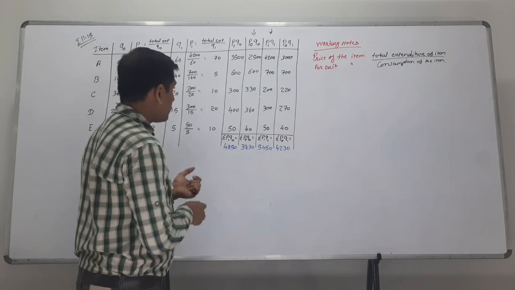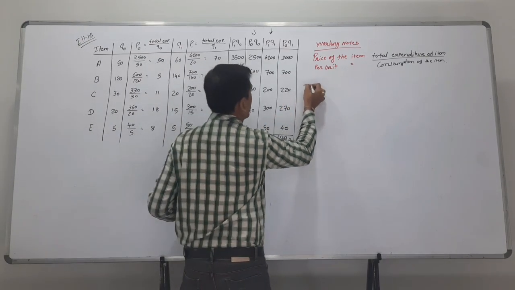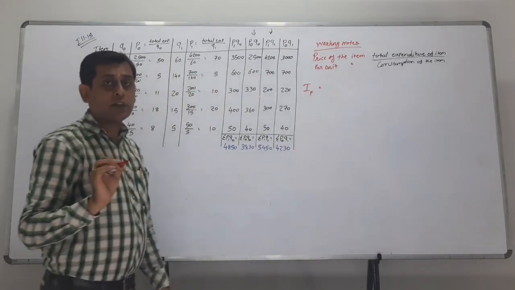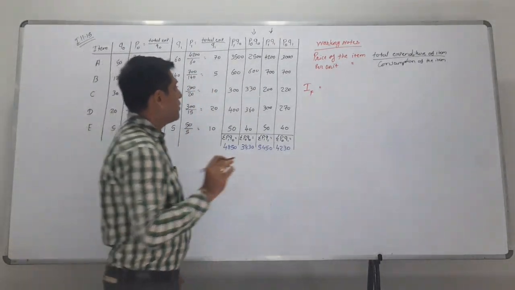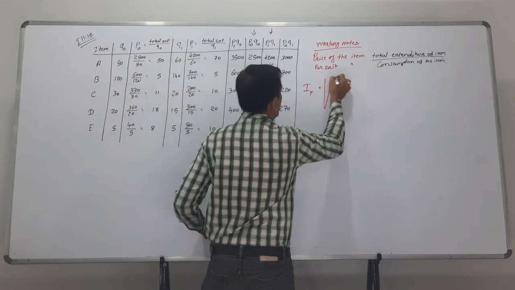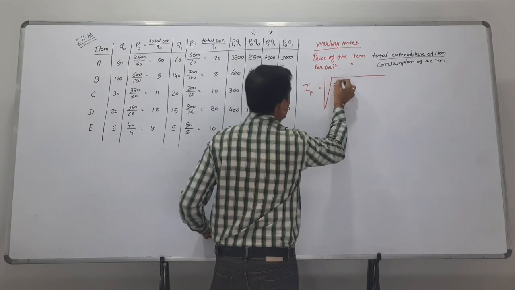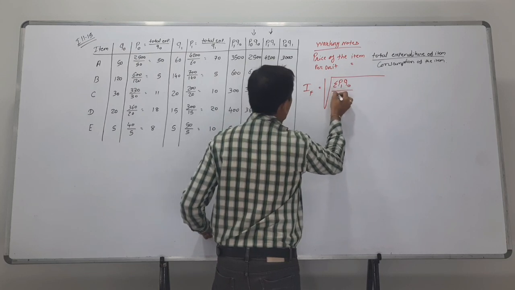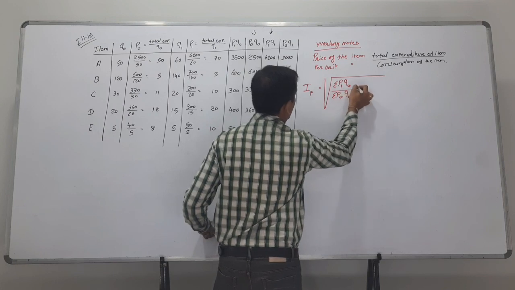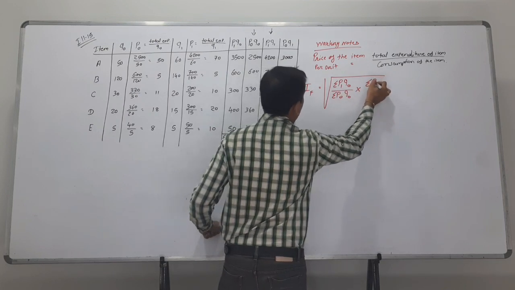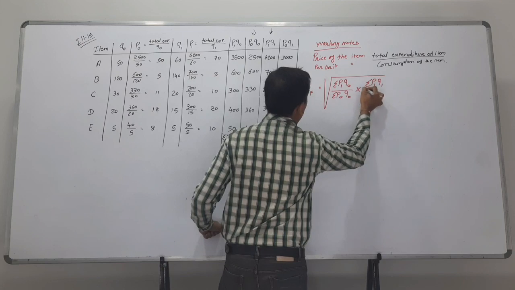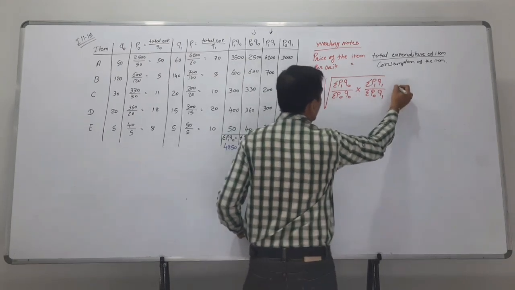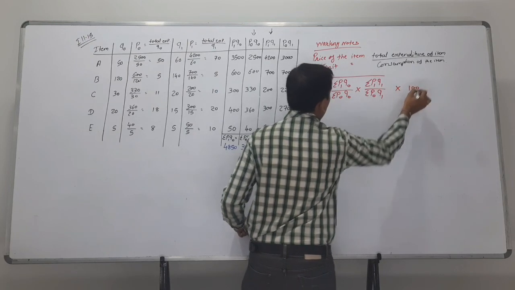So now we have the totals of the four columns: sigma P1 Q0, P0 Q0, P1 Q1 and P0 Q1. Now we directly have to find Fisher's index number, and for that we write the formula: sigma P1 Q0 upon sigma P0 Q0 into sigma P1 Q1 upon sigma P0 Q1, all under the square root, and into 100.